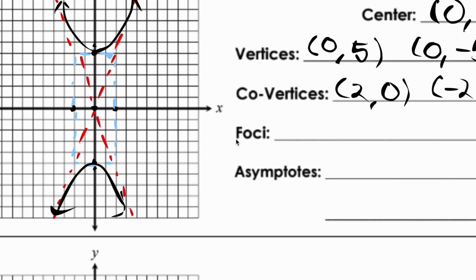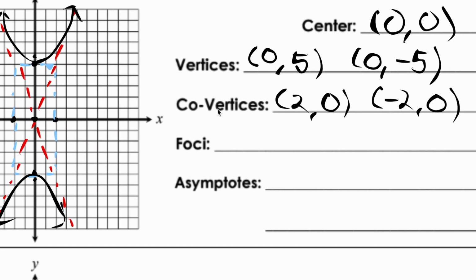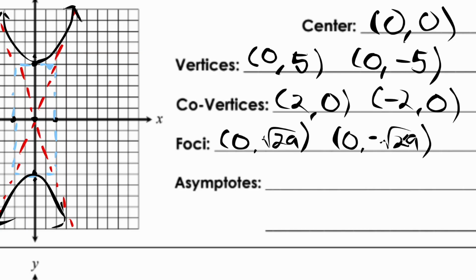So we're going to have 0, comma, root 29. And right, we're adding this on to our center and subtracting it from our center in the y direction, right?